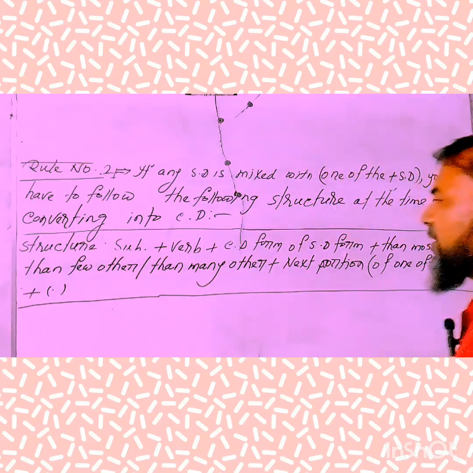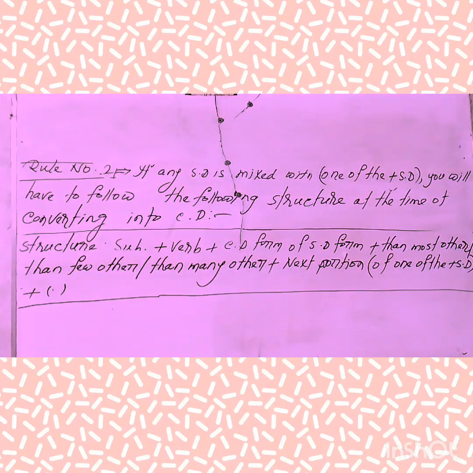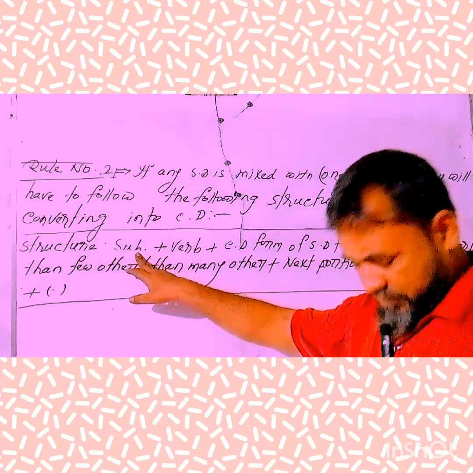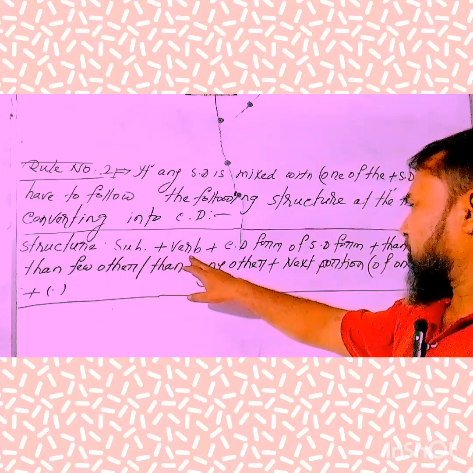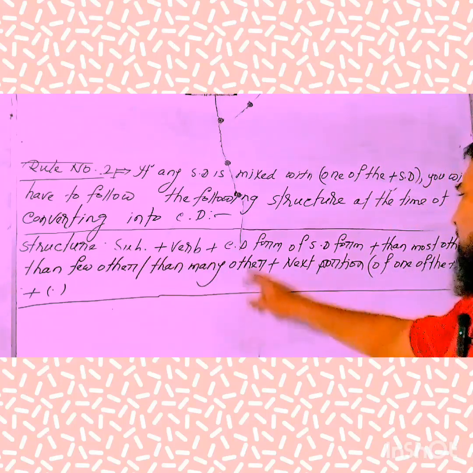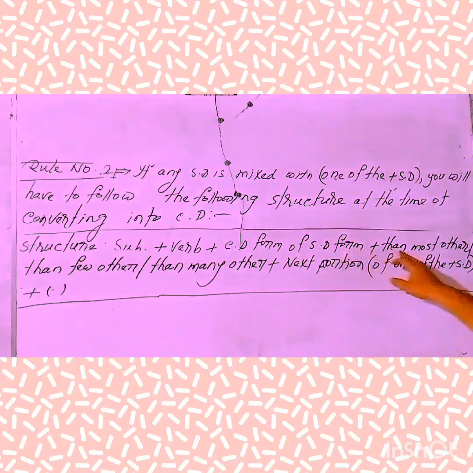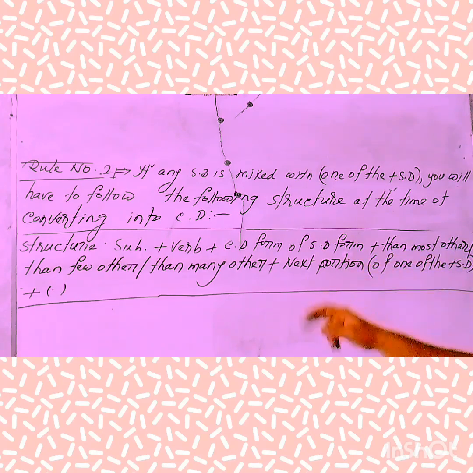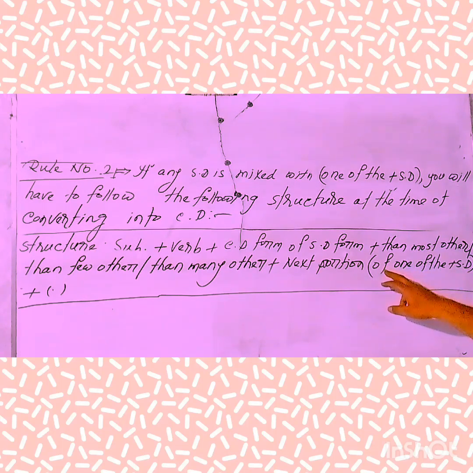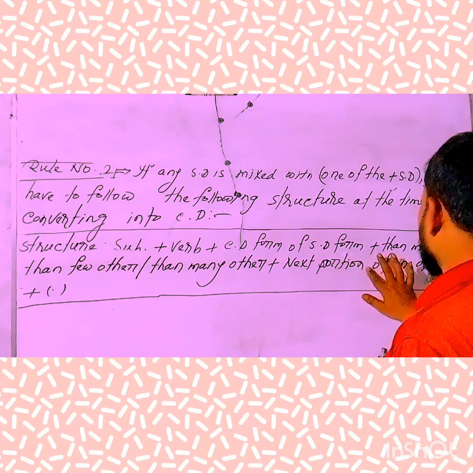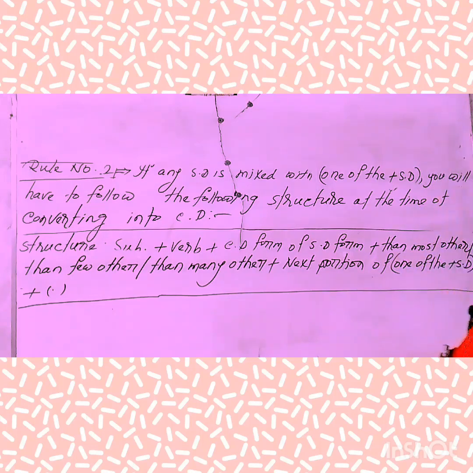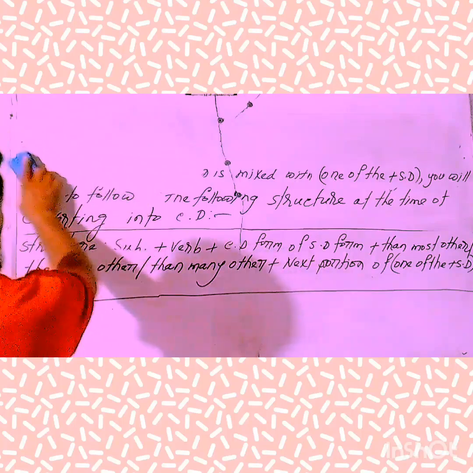So, my dear learners, try to remember and understand with me. At first subject, number two verb, CD form of HD form, then most other oblique, then few other oblique, then many other. Next version of one of the plus HD. Finally, end with full stop. Hope that you have understood clearly.